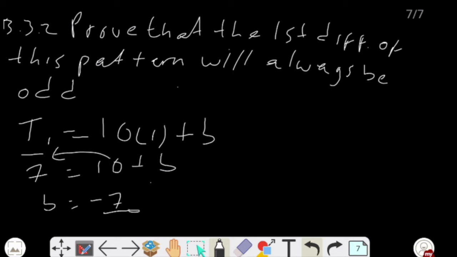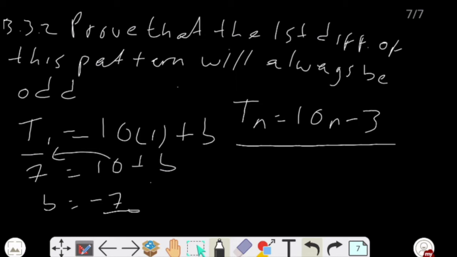Now our general formula for this is Tn equals 10n minus 3, right? Now let's try to find a sequence for n, for the number of terms.